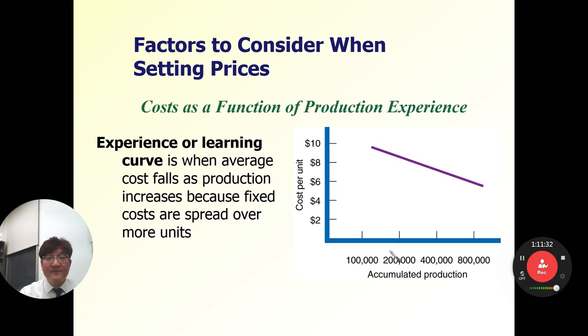Alright, if you make more and more units, your cost per unit decreases. Why? Because your variable cost per unit doesn't vary over different levels of manufacturing units. However, the fixed cost per unit varies over different levels of manufacturing, right?